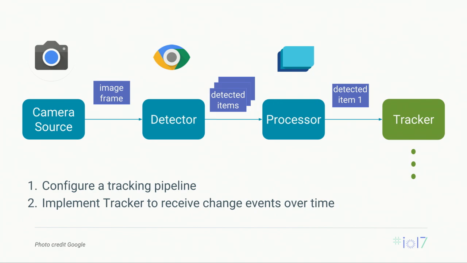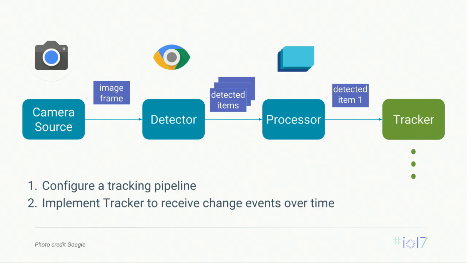A processor is a first step of post-processing. It's responsible for discarding, merging, or delivering the detected item to its associated tracker. A tracker is an event-based object listener. It can notify you about a tracked item over time.